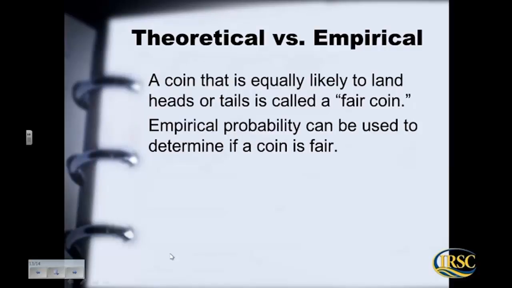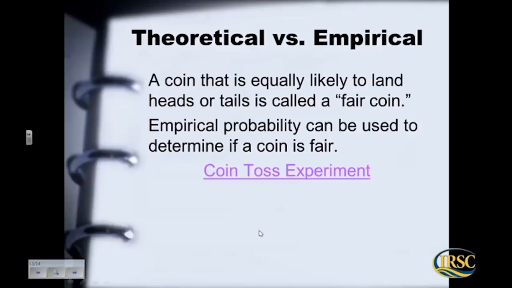Is the coin giving an equal chance of landing on either one? So we've got a quarter here, and to determine whether this is a fair coin, I could flip it a few times to see what happens.